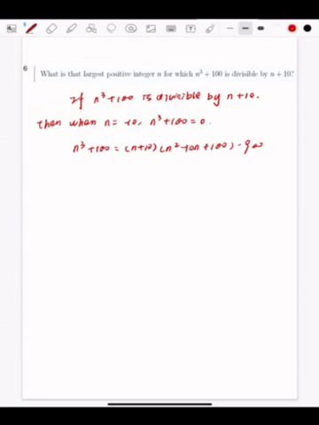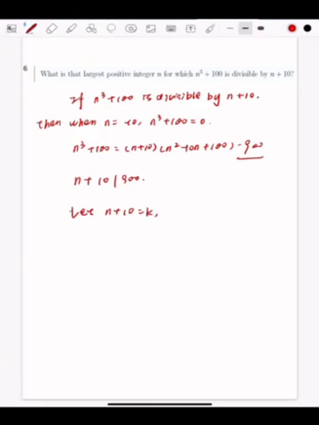And then if the second part is divisible by n plus 10, and then we know this part must divide the remainder. Here the remainder is negative 900, so we need this one. And now we try to find the value of n. Let n plus 10 equals k.